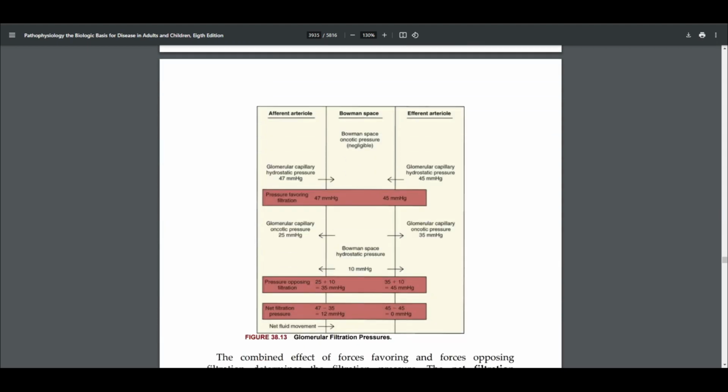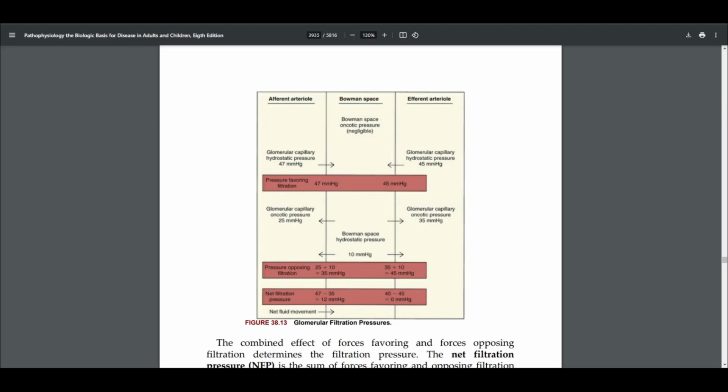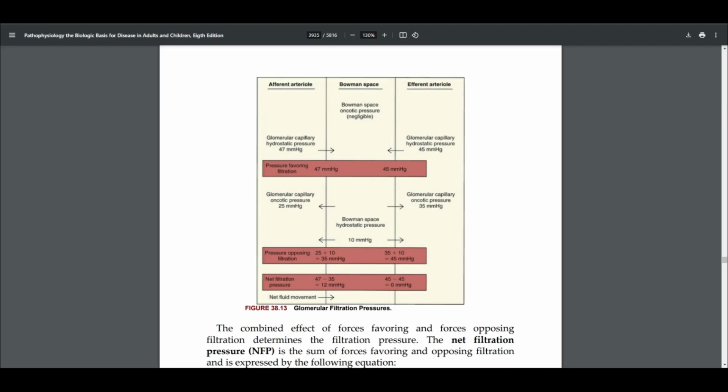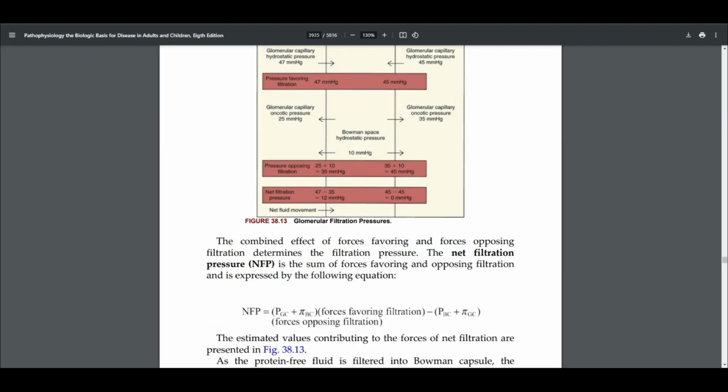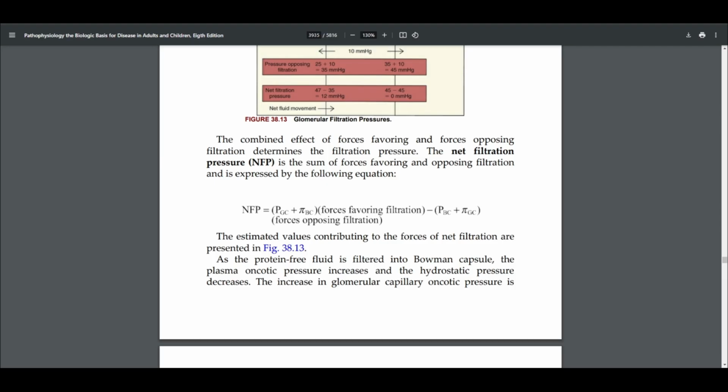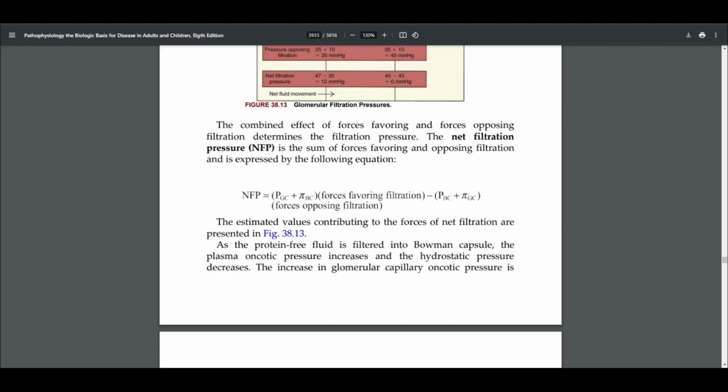And here we have a look at the glomerular filtration pressure. The afferent pressure, your Bowman space, and your efferent pressure. The combined effects of forces favoring and the forces opposing filtration determine the net filtration pressure.